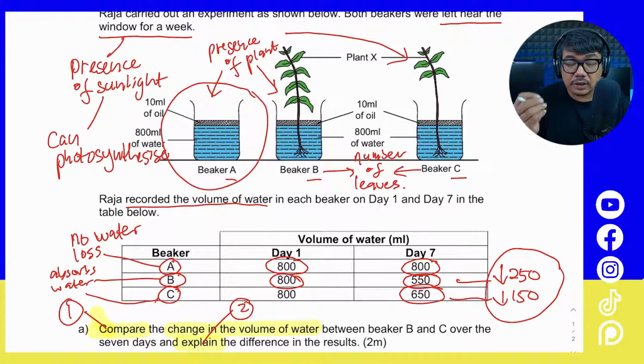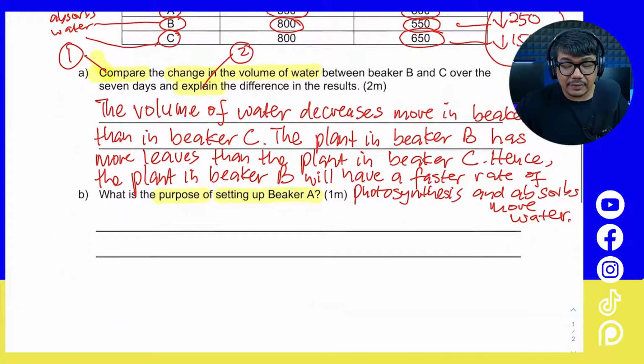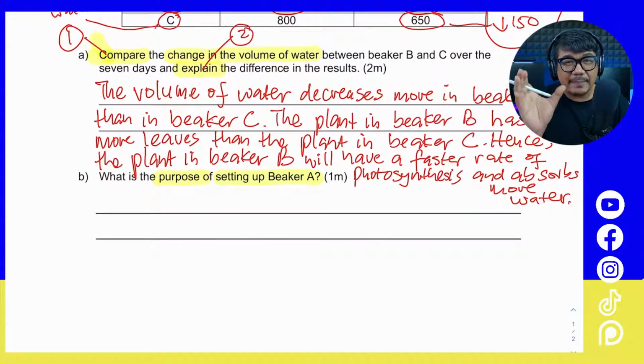The oil is to prevent water from evaporating, so that we do not lose any of the water through evaporation. Okay, so now what is the purpose of having this here? There is a reason for us to have the beaker without any plant.